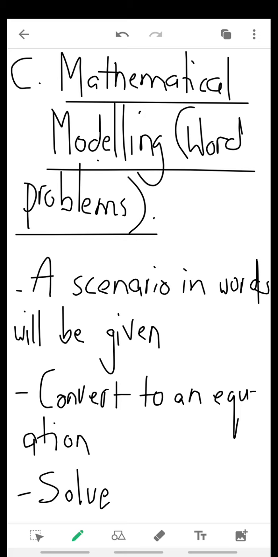When we deal with mathematical modeling, we will be given a scenario in words, and we'll have to convert that scenario to an equation. Then, since it will be an equation with variables, we'll have to solve for the variable and then answer the question.